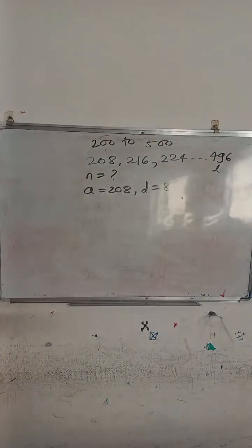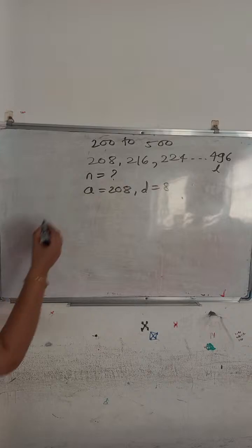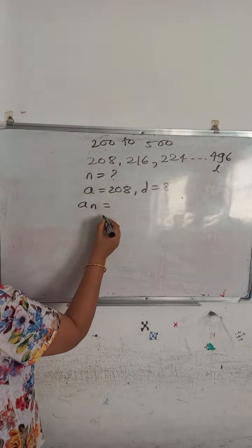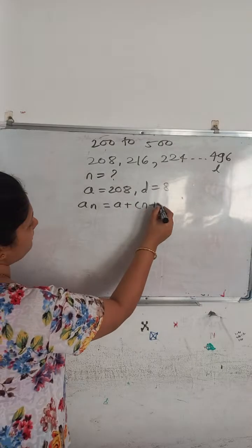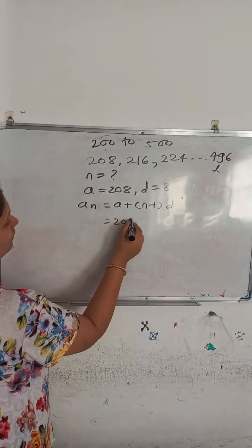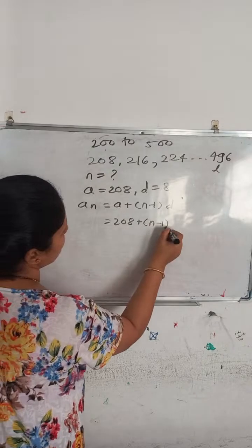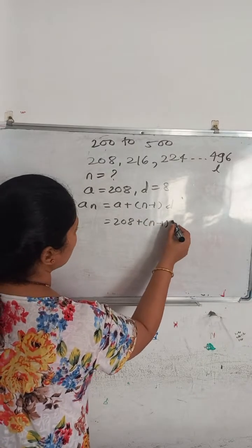So we can write an is equal to a plus n minus 1 into d, where a is 208, n minus 1, and d is 8.